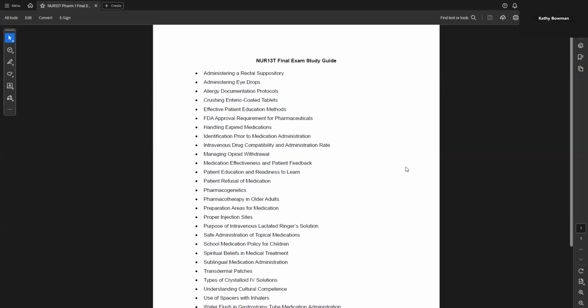Like some meds you cannot take with dairy, for instance. And then you tell them these are adverse effects that can happen, and you have to inform your provider if you experience such and such. So these are things you have to educate your patient.